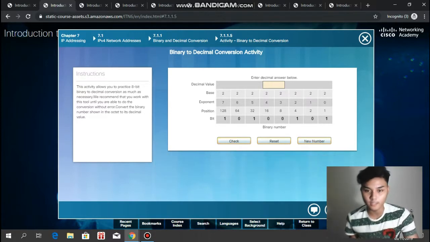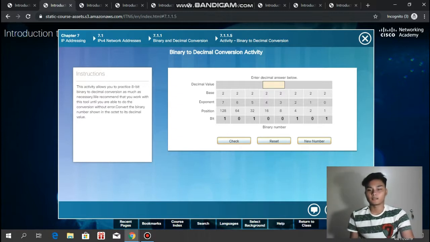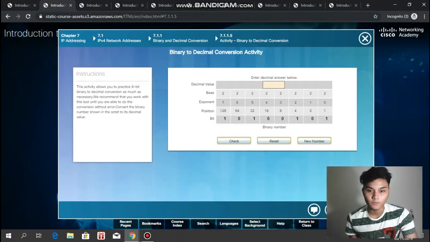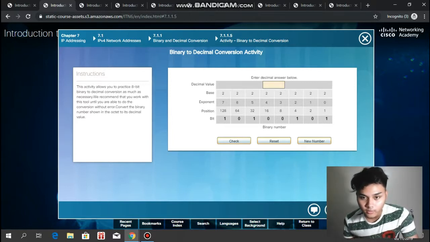So for the new number, as you can see, we have 0, 64, 16, 8, 2. Like I said, all 0s have no value, so you have to disregard them. So we have to add 128, 32, 4, 1.